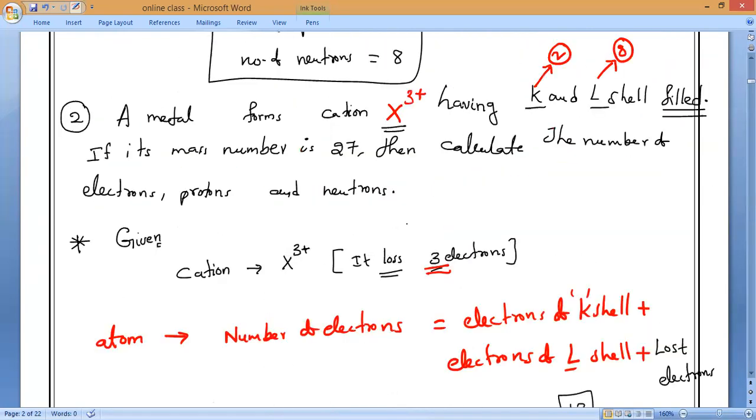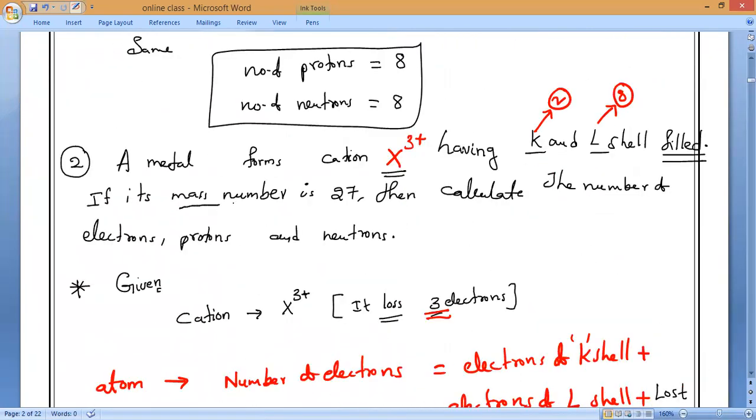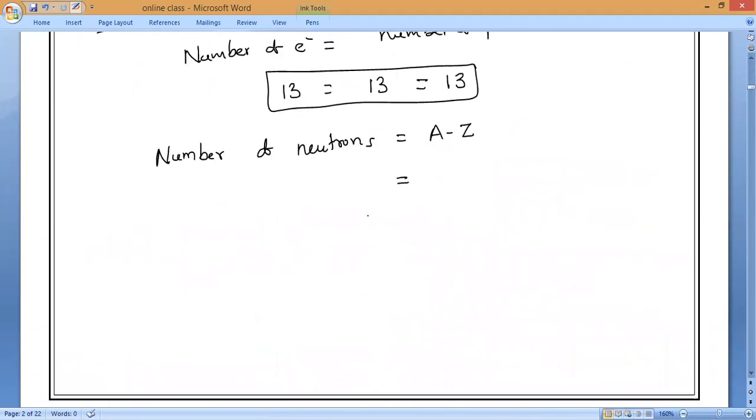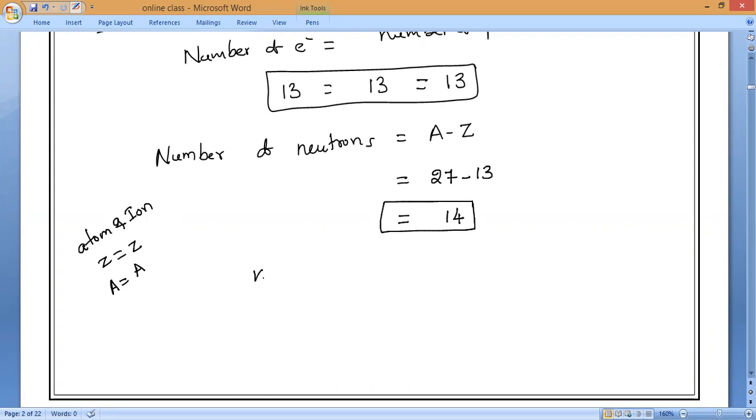The mass number given in the question is 27. For atom and ion, the atomic number and mass number remain constant. So the number of neutrons is 27 minus 13, which is 14.